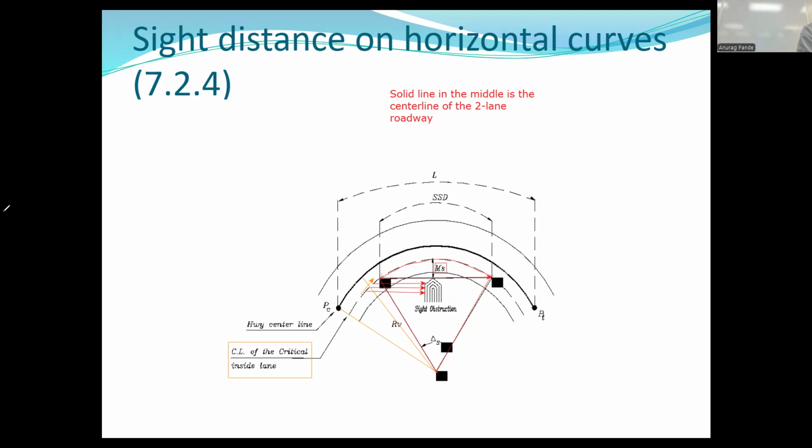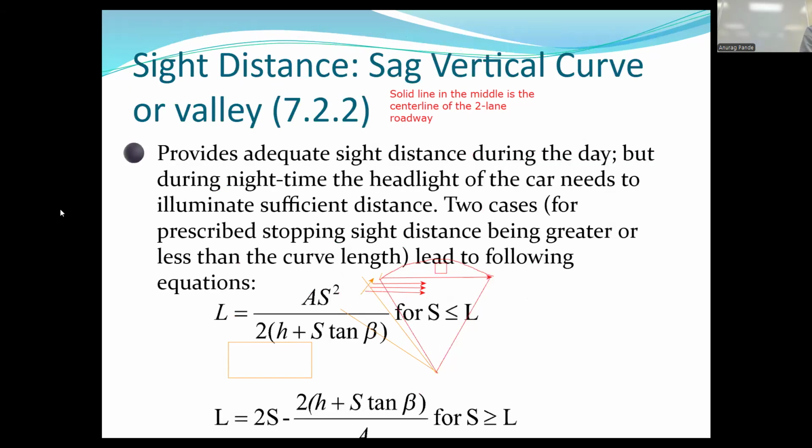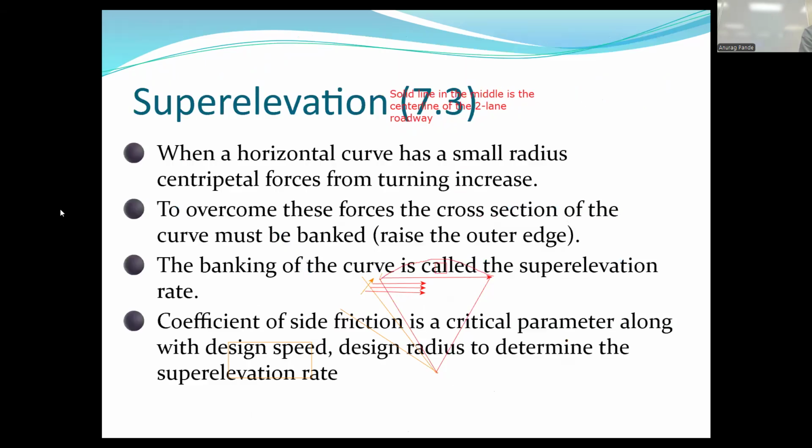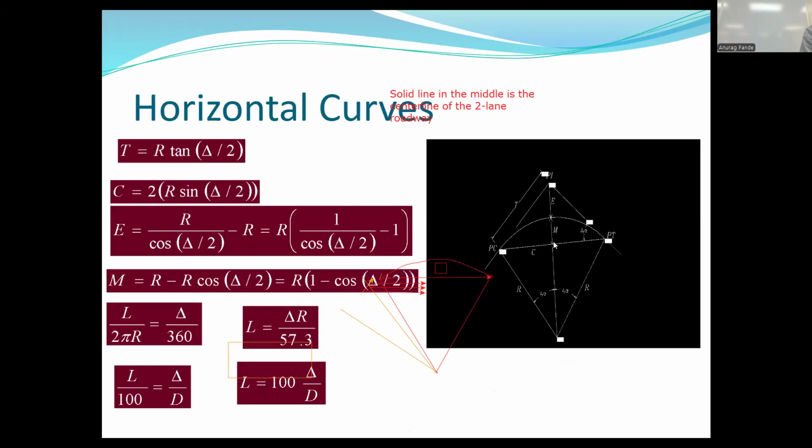If you recall from the previous slides that we had seen for the whole horizontal curves, if you remember this M formula, this was my M value. M was R times 1 minus cosine delta over 2. That was for the whole curve.